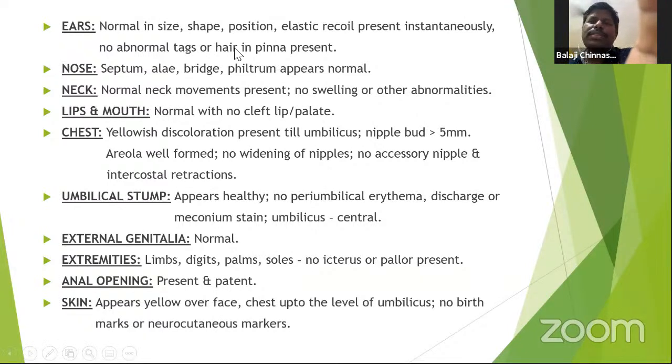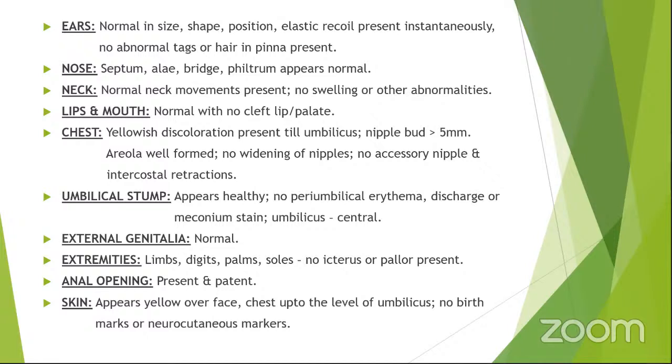In preterm, stiffness will be there. So the square window alone will be different compared to other tones. For all the other angles, term will have good tone and acute angles, but for the square window alone, term will have acute angles. So in preterm, it will be difficult to touch the elbow.